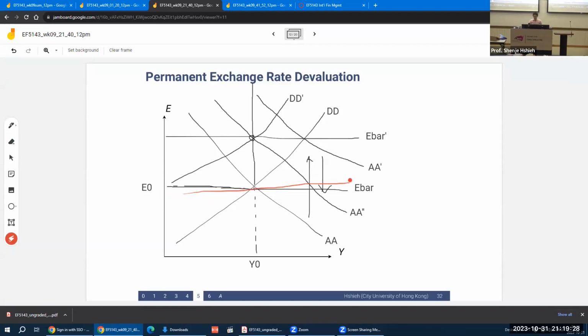Okay. So one way to also affect output is to do a sudden announcement of a devaluation of your currency. So rather than maintaining the peg here, you say, well, I'm going to have it at E bar prime. So rather than 6, it's going to be 7.